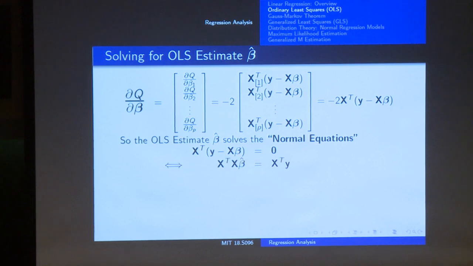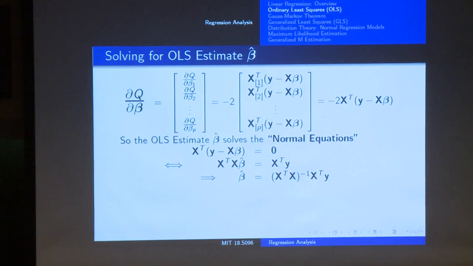So let's consider how we solve that. We can re-express it by multiplying through by X transpose on each of the terms, and then beta hat solves this equation.